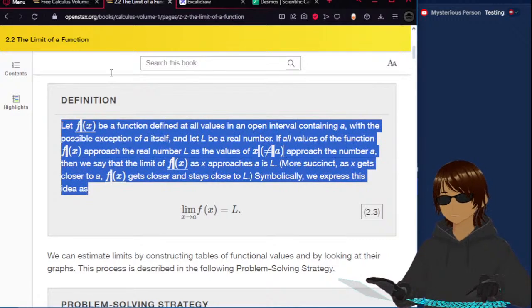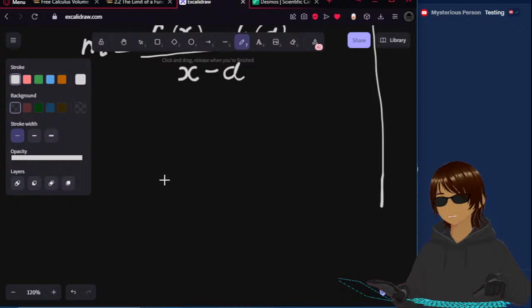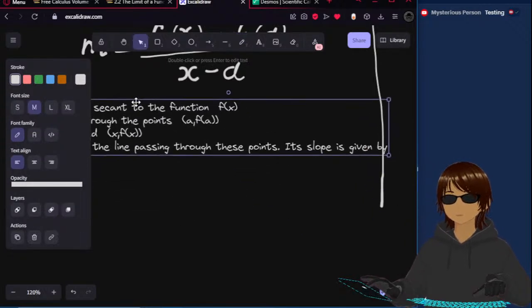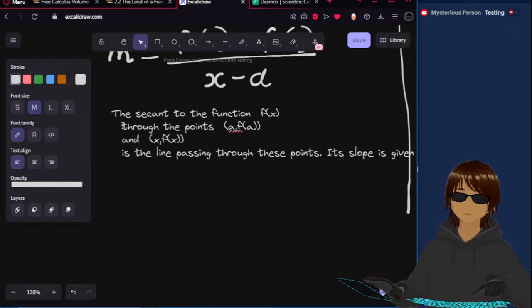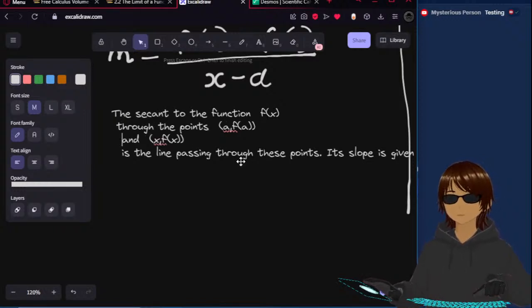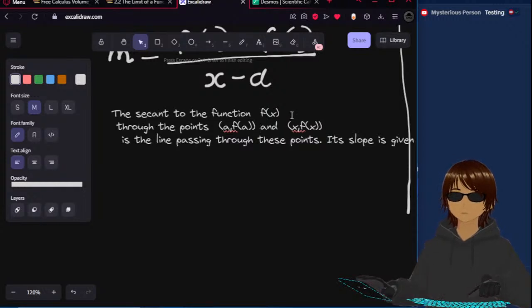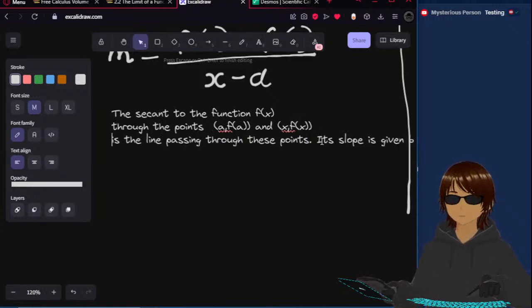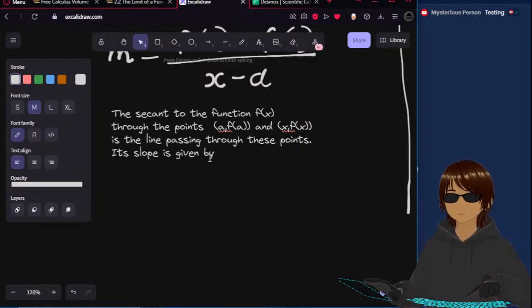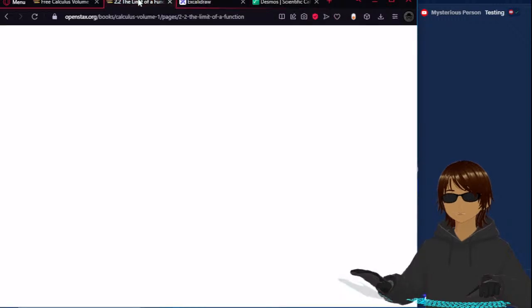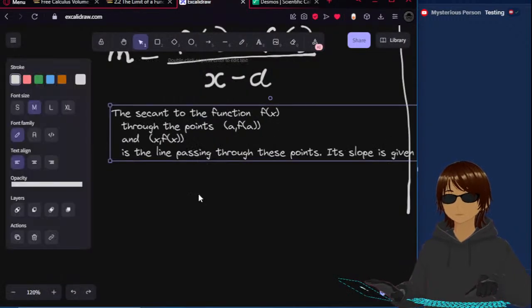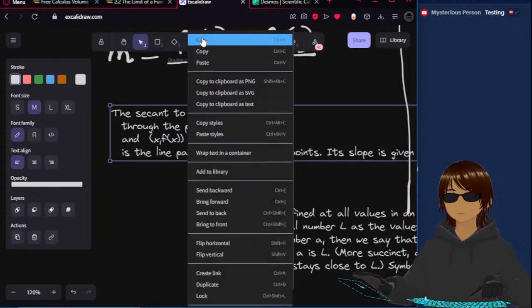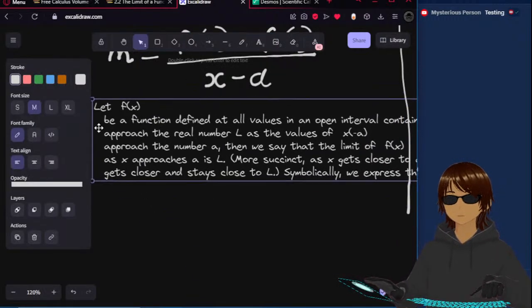Okay, let me write it in my notes. Control Shift V. Oops, I don't think I copied it.